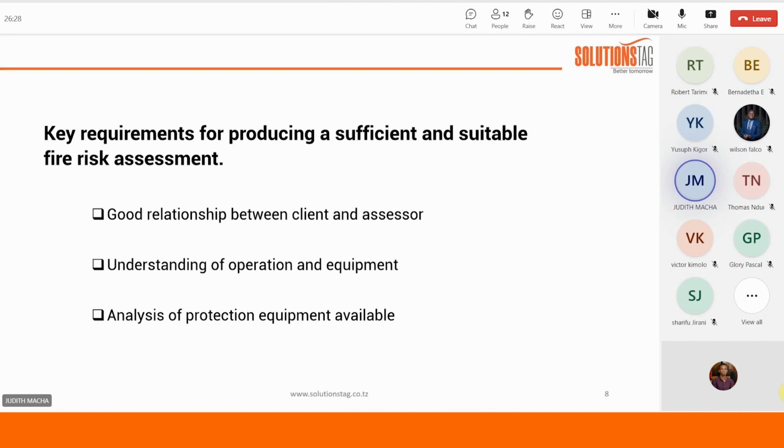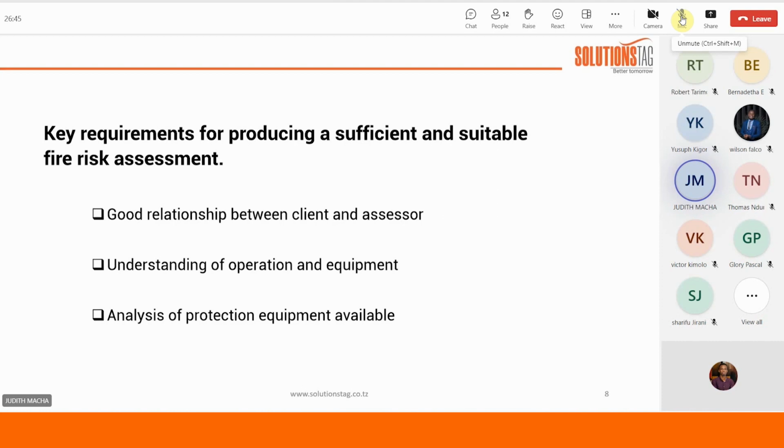So when someone is conducting a fire risk assessment, there is a need to have a good relationship, of course, a client and the assessor understanding. They need to share some of the information. They need to communicate. They need to keep things clear.